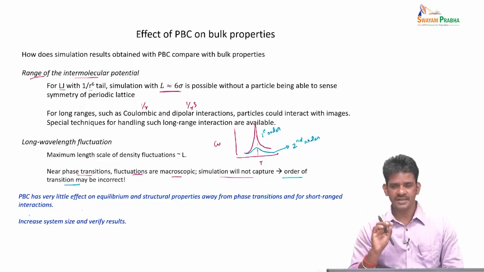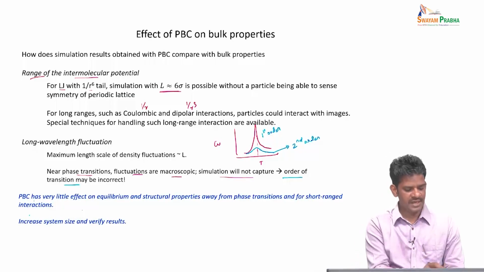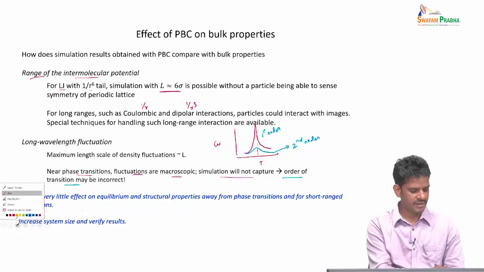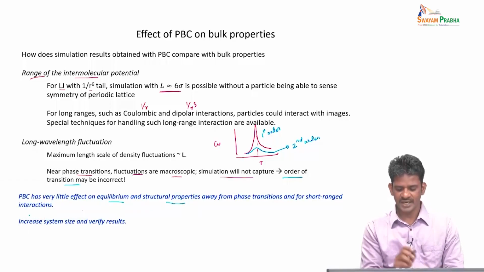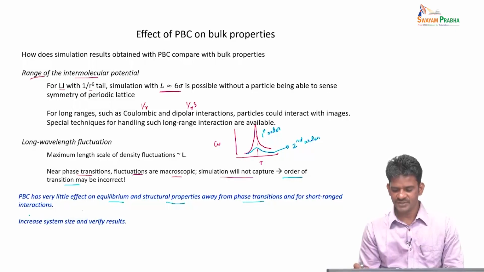Despite these warnings, in most cases PBC has very little effect on predicting the equilibrium and structural properties as long as you are away from phase transitions, and such things work for short range interactions.